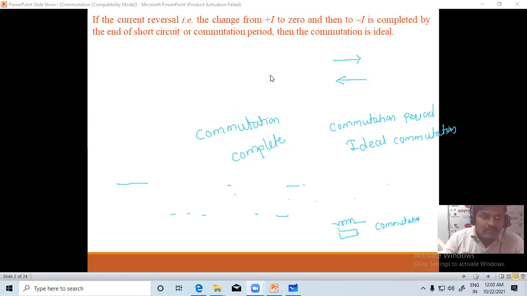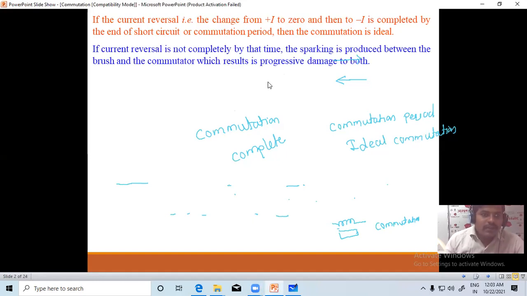Now okay, if the reversal cannot be completed by that time, जर ते रिव्हर्सल आहे, it cannot be completed by that time. त्या टाइम मध्ये जर नाही कम्प्लीट झालं, then the sparking can be produced. See, as I have told, if this reversal of current, that is positive ampere to negative ampere, cannot be completed within the given period of time, then there will be sparking produced in between the brush and the commutator segment.